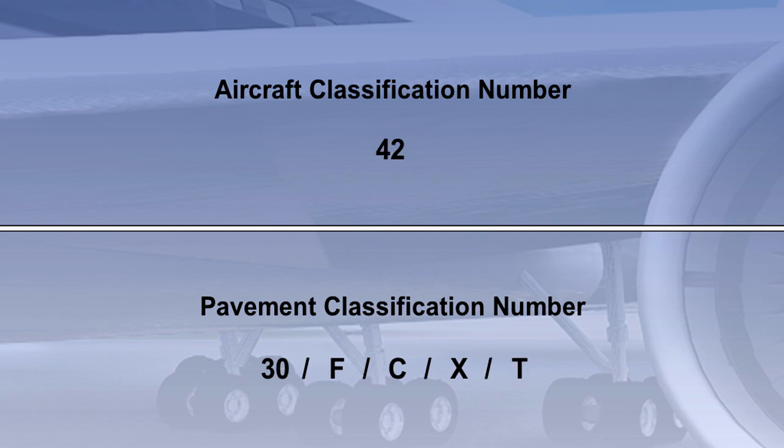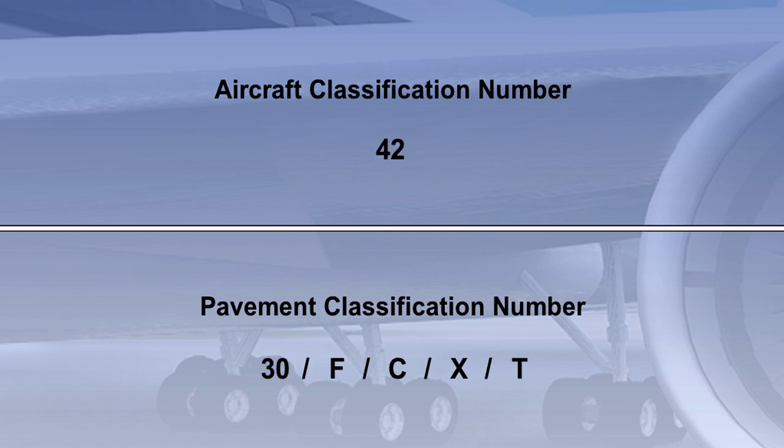Our example aeroplane, a 737, on the same low subgrade surface has an aircraft classification number of 42. The ACN can be obtained from the aeroplane flight manual, but the important point to note is that the aircraft classification number is greater than the pavement classification number.